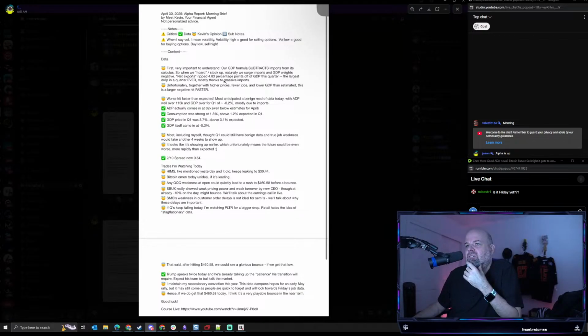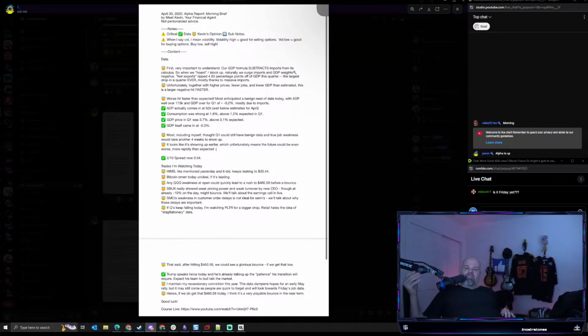First, very important to understand, our GDP formula subtracts imports from its calculus. Is that a proper phrasing there? So when we hoard, overstock up nationally, we surge imports, weights negative, net rip.